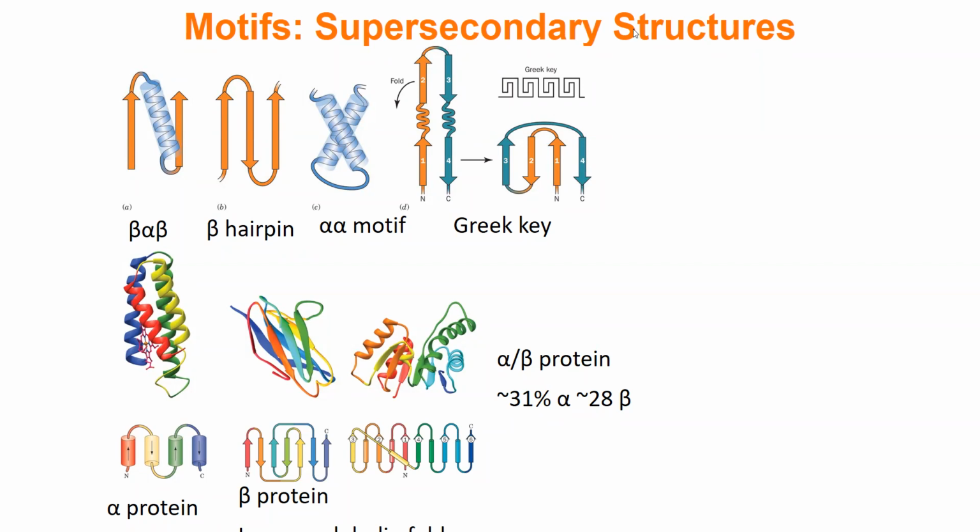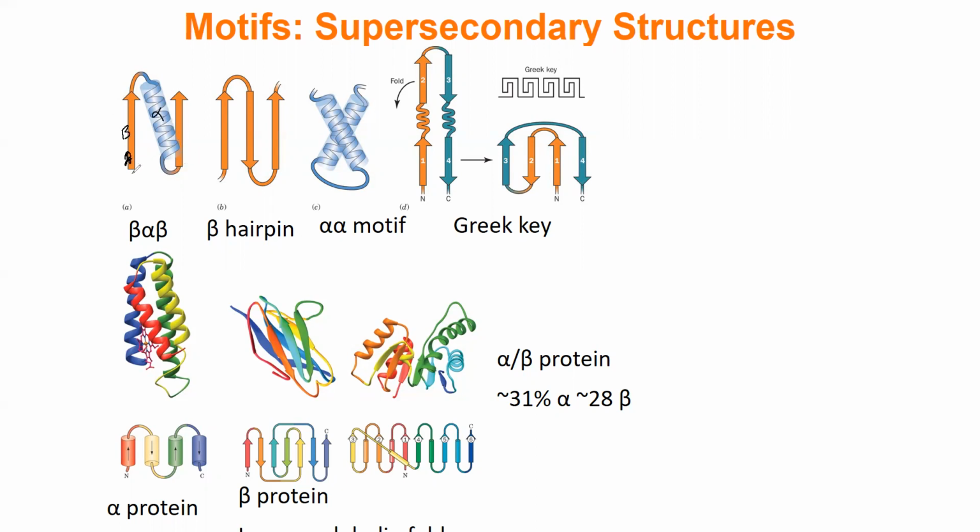So if we just look at some of the common motifs we see in different proteins, you have what's called a beta alpha beta. Now, anytime you see an arrow like this, it means a beta sheet. And this squiggly, well, that wasn't a very good beta. This means a beta sheet. And this ribbon is always an alpha helix. So beta, alpha, beta.